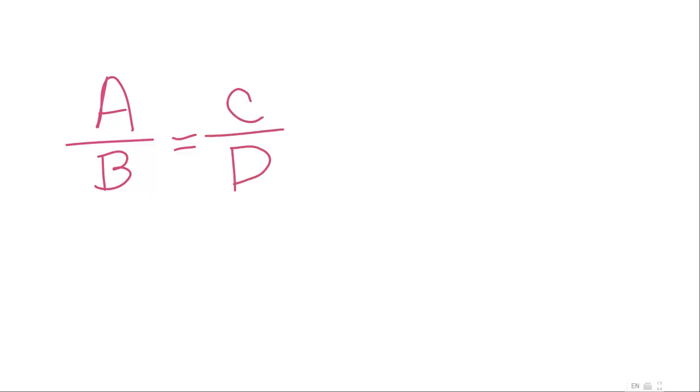Now, if I wanted to isolate a by itself, one way we could do this in math would be to multiply this side by b, right? Simple algebra. Now, if we multiply this side by b, we have to do the same thing to this side, right? We're doing the same thing to both sides, therefore we can still say that this is equal.